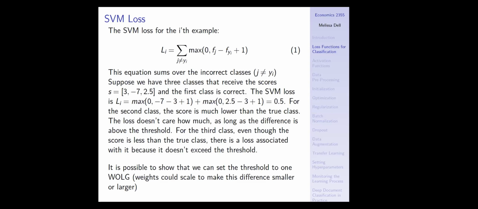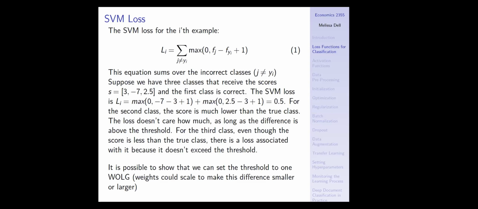And then we have to compare the third class to the first class, which is the correct one. So that's just a max of 0 and 2.5 minus 3 plus 1, which is actually a positive number, because it is true that the first class has a higher score than the third class, but only by a modest amount. So it doesn't get us over that threshold to have 0 loss. The second class, on the other hand, the score is much lower than the true score.